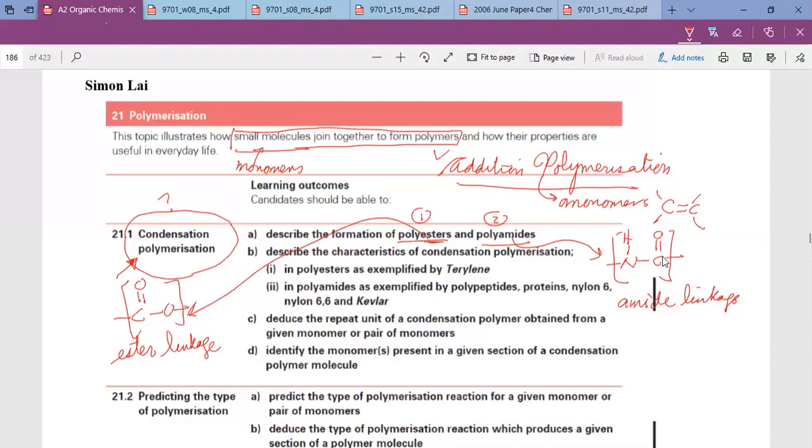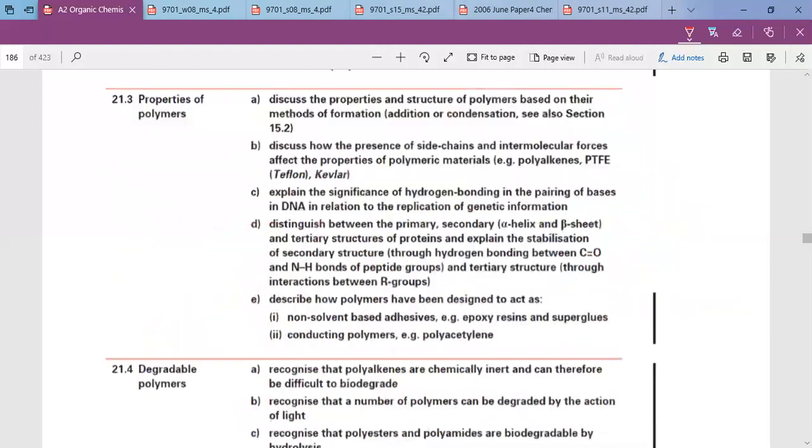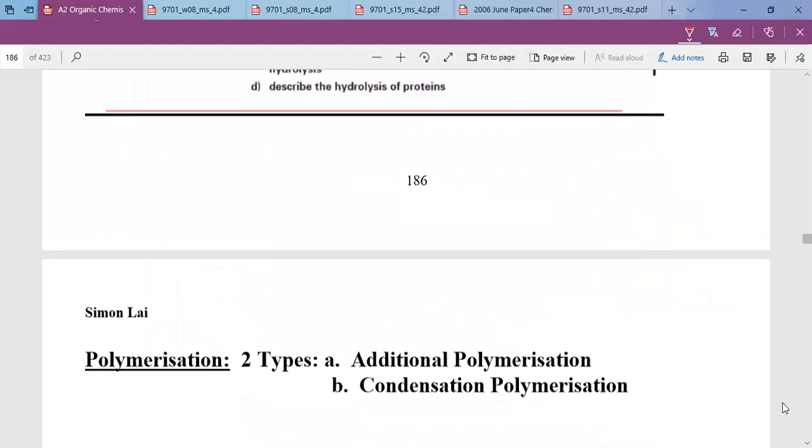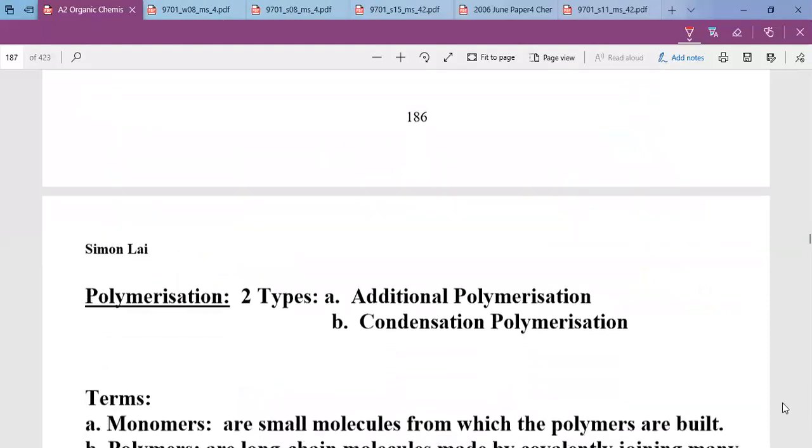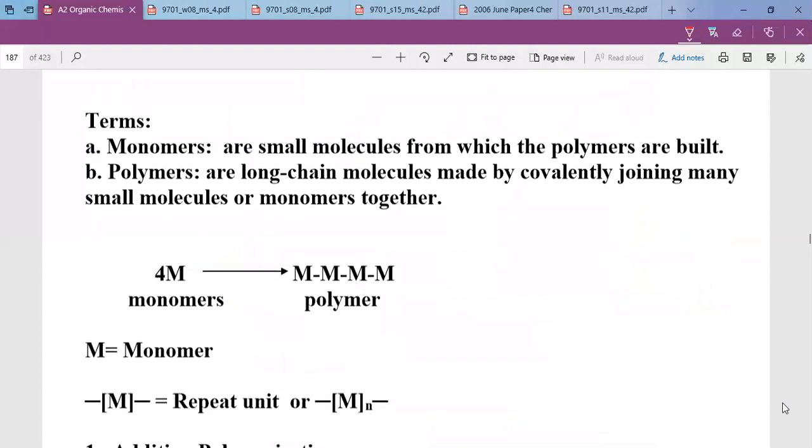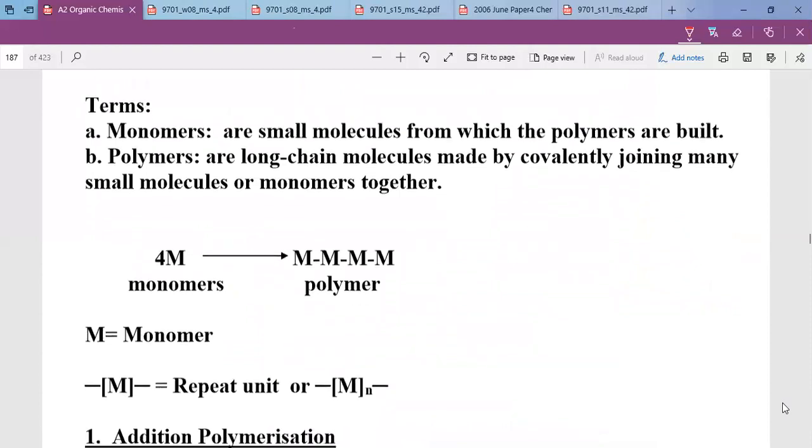Now, if you see down here, I've got the terms and definitions. So what are monomers? Small molecules joined together to form polymers.